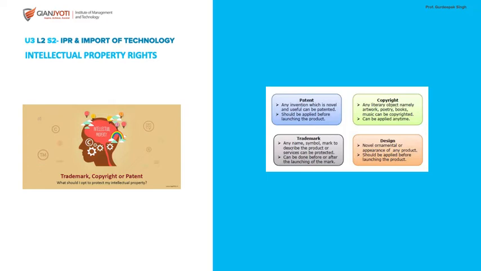Similarly for cars, some of the companies say that this part of their car design has been copied. So it should be applied for before launching the product. So patent and design have to be either patented or protected for design before the launch. So these are the four which we'll talk about.